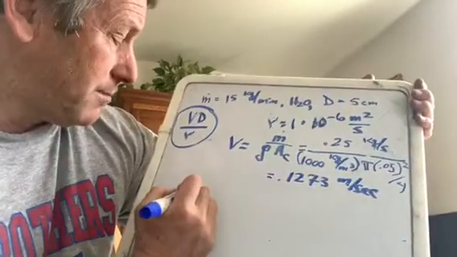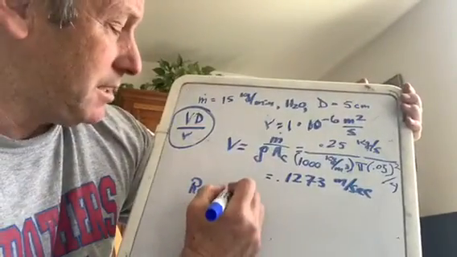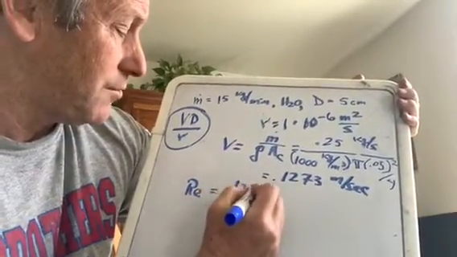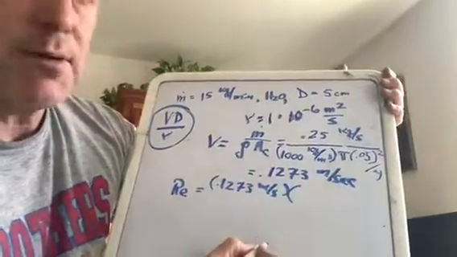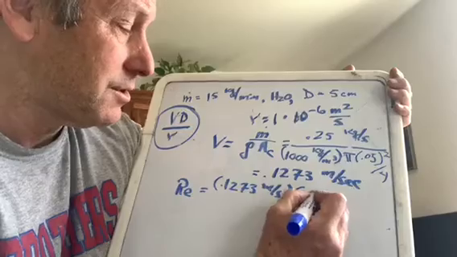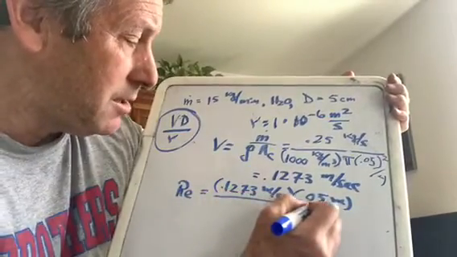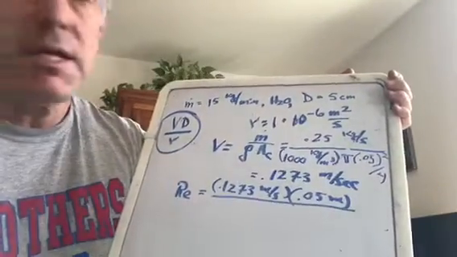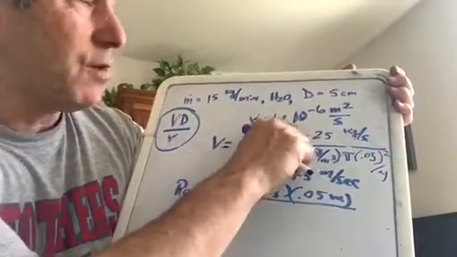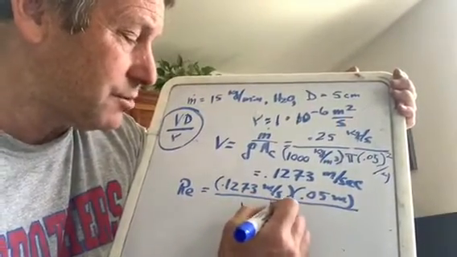Okay, and now we've got it all. So the Reynolds number, last calculation of the day, is going to be the speed, 0.1273 meters per second, times the diameter, 0.05 meters. And then how about water's resistance to becoming turbulent? It's mu over rho. Well, it's an incredibly small number: 1 times 10 to the negative 6 meters squared per second.